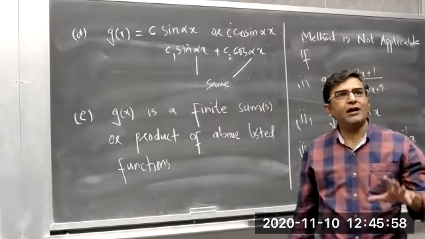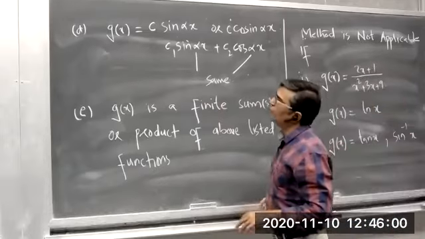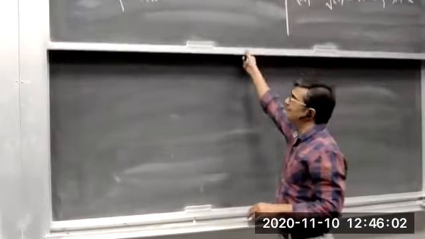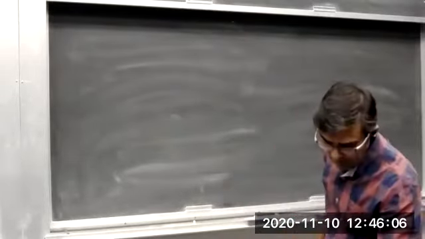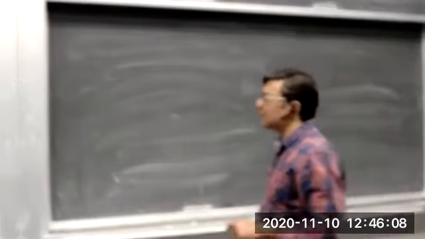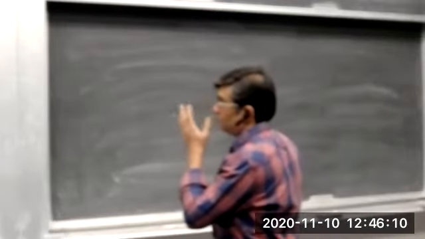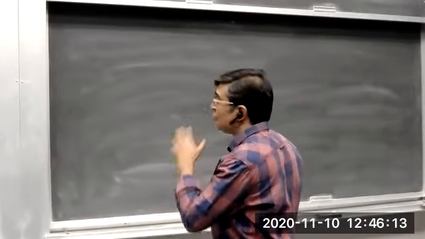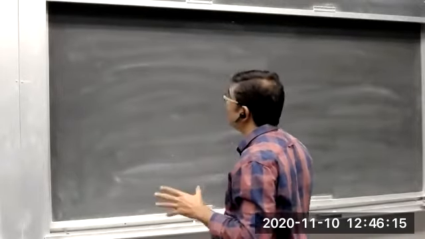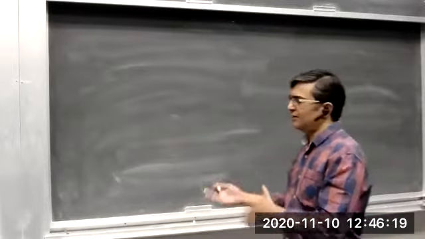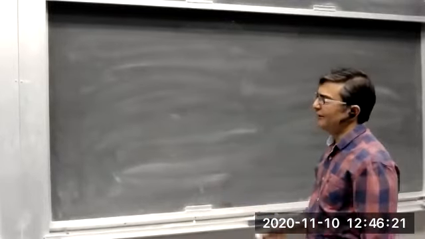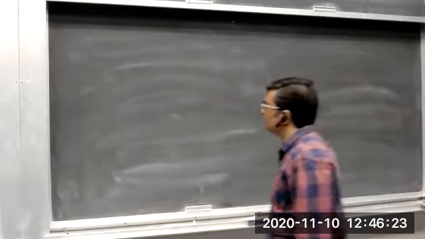I hope you get it. If you have any question, you can ask me. Now we are going to discuss what we can assume as a particular solution in some particular situations when the right-hand side function is given.